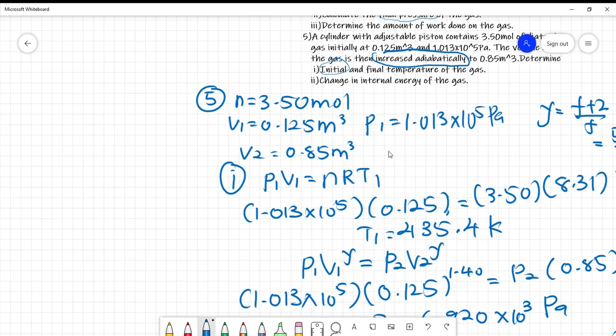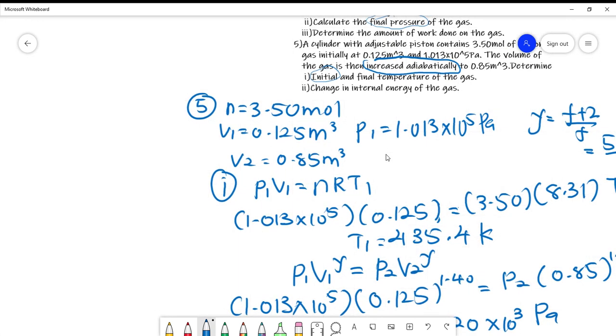Okay, so this is the initial temperature and final temperature. Let us move on to the final question. This is the change in internal energy of the gas. Since the mole is given, the formula for internal energy that we use is nR delta T, with the factor 5 over 2.